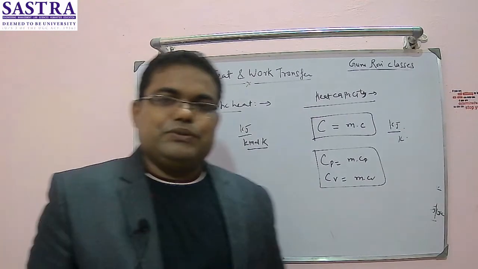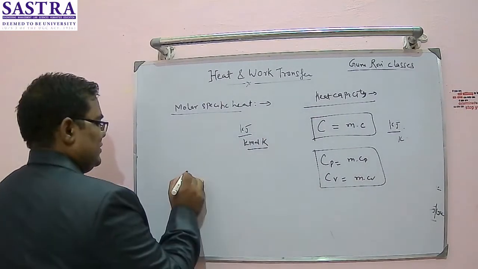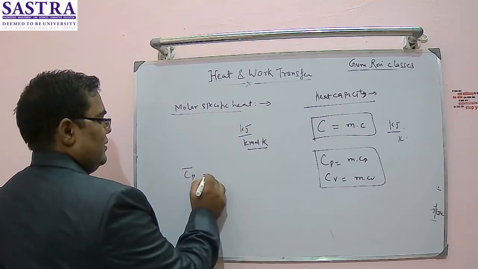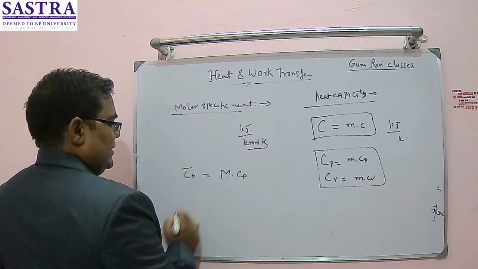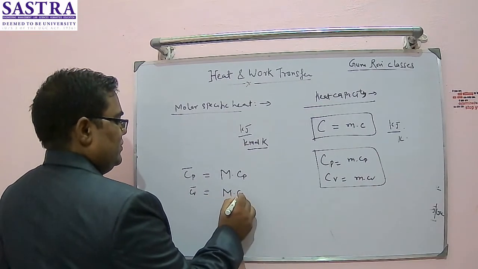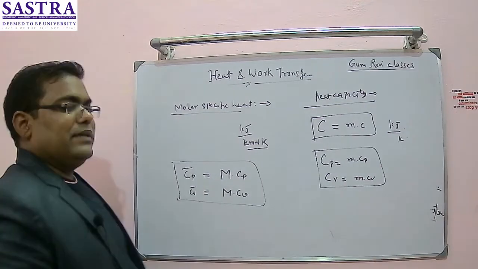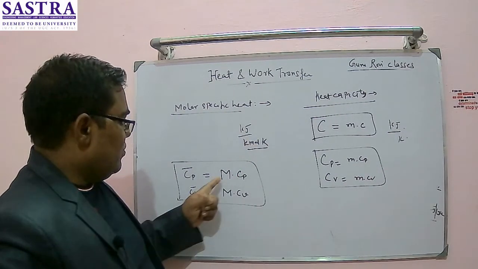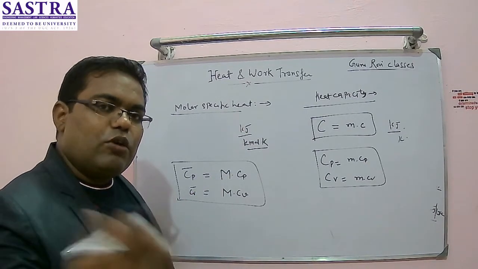So when we are defining specific heat for constant pressure, molar Cp bar is the molar specific heat at constant pressure, given by the molecular weight into Cp. Similarly, Cv bar will be written as molecular weight into Cv. So these are the molar specific heats, and unit will be kilojoule per kilomole Kelvin. So molecular mass, atomic mass, or molecular weight.